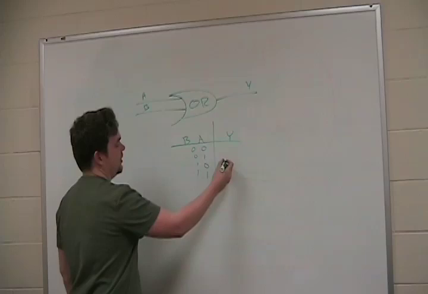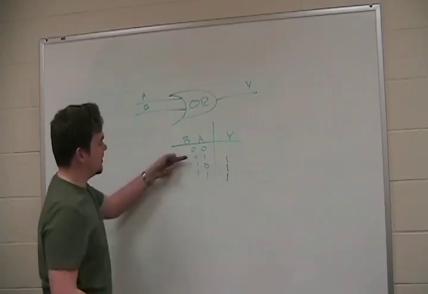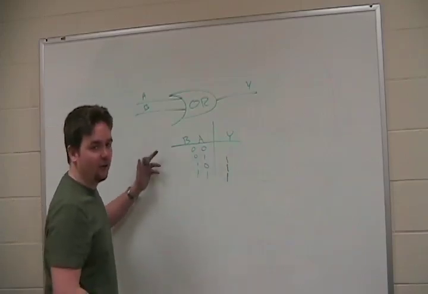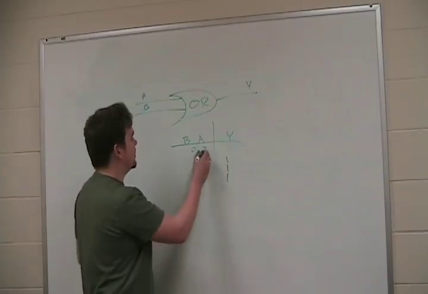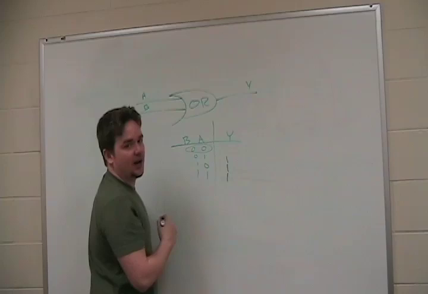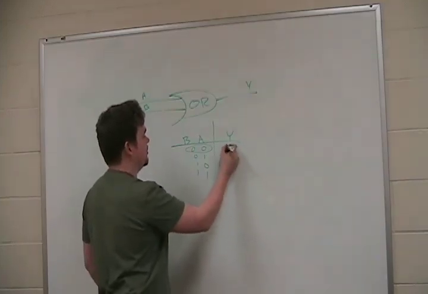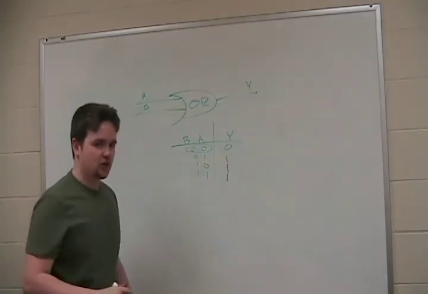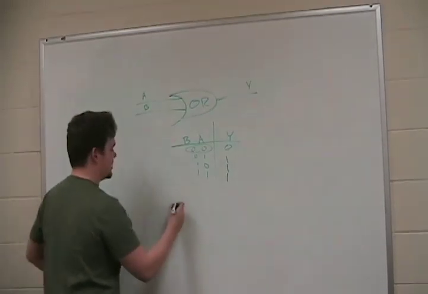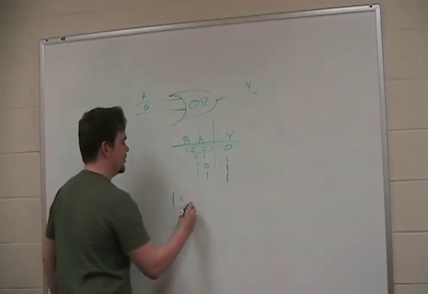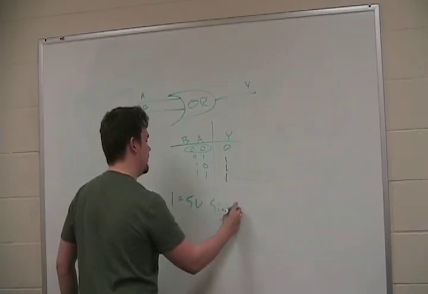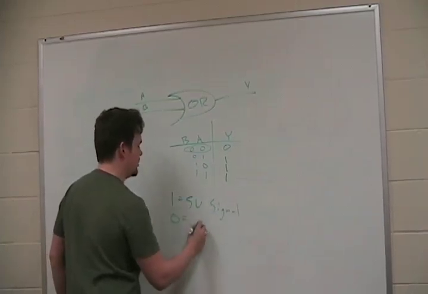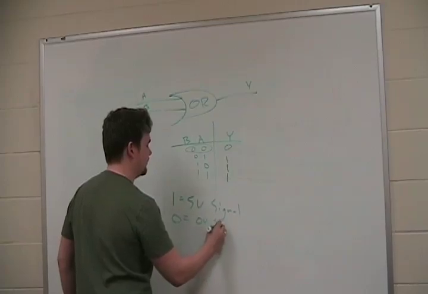If the other one is a 1, if there are any inputs that are high logic, 5 volts, then the output will equal 5 volts as well. Only when there are no inputs at 5 volts will the output equal 0. So look, you have to keep in mind at all times that 1 equals a 5 volt signal, and 0 equals a 0 volt signal.